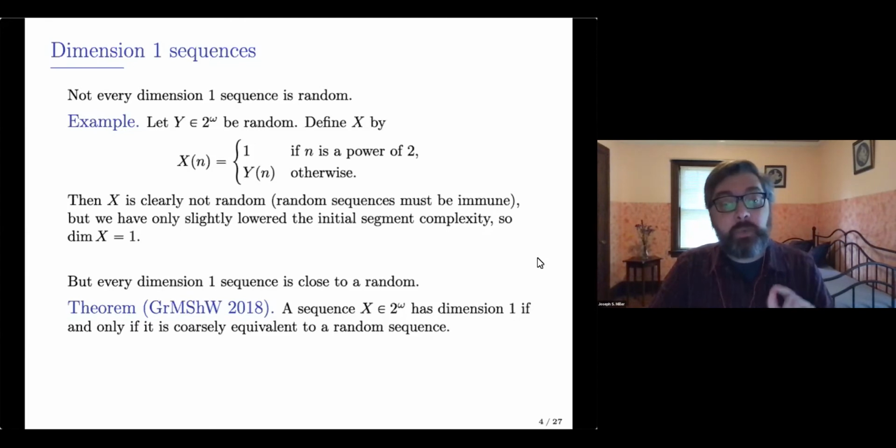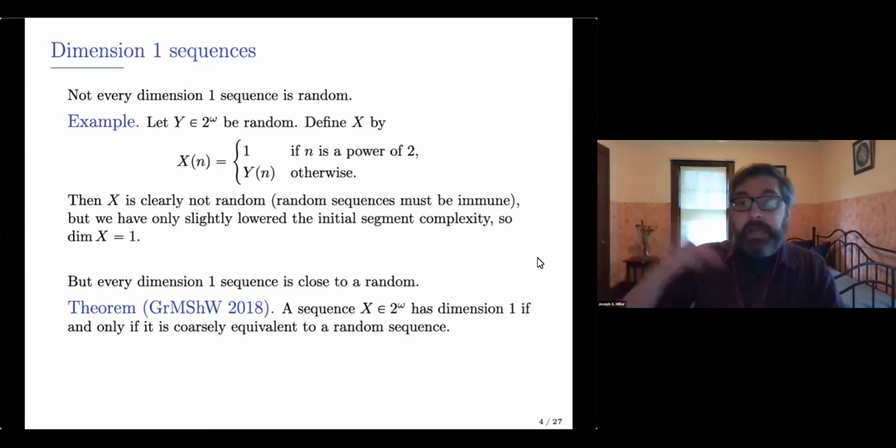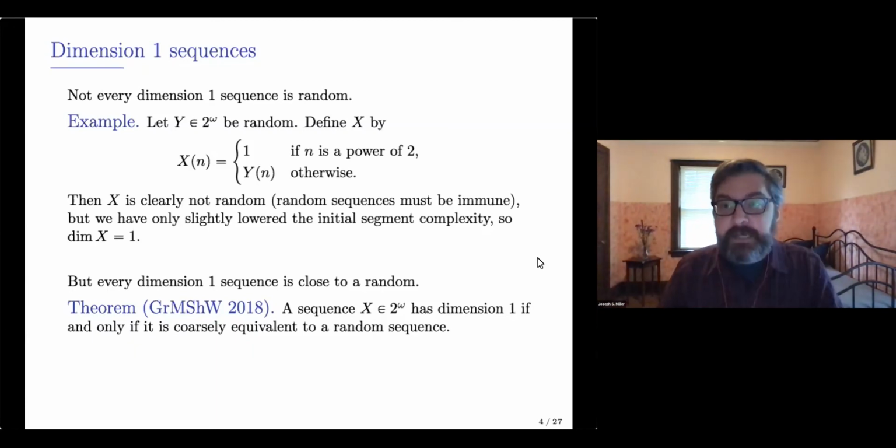So a sequence has dimension 1 if and only if it's coarsely equivalent to a random sequence. Another way of thinking about that is that the silly example I gave above is kind of the only way you can build a dimension 1 sequence. Start with some random and change its positions on a sparse set, in this case, meaning a density 0 set.